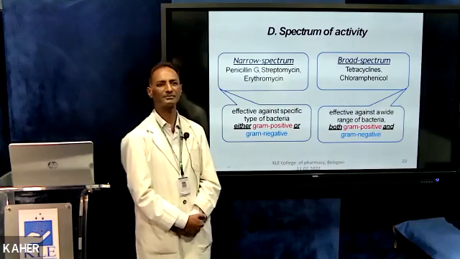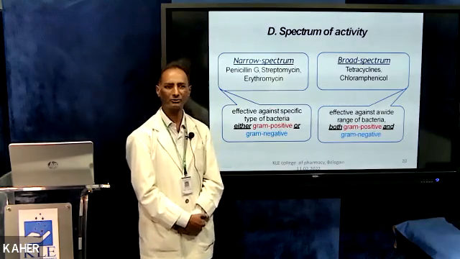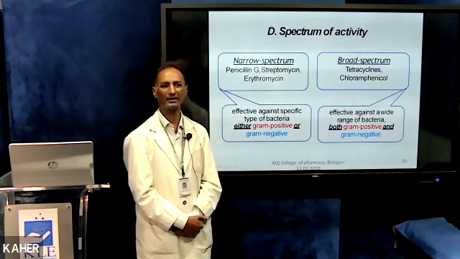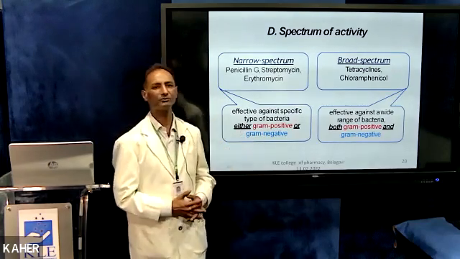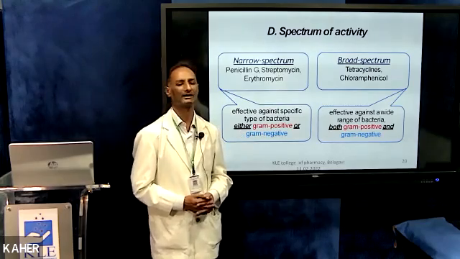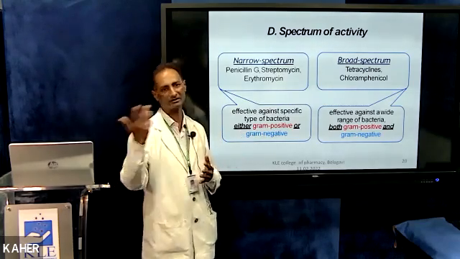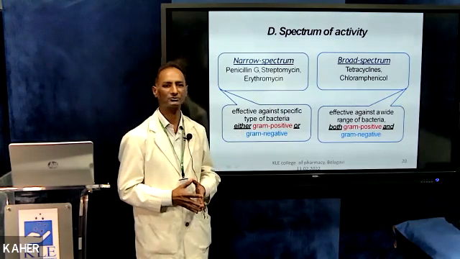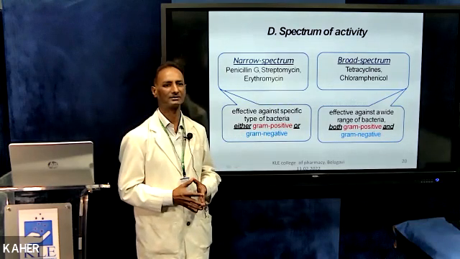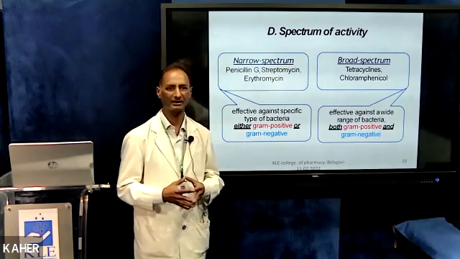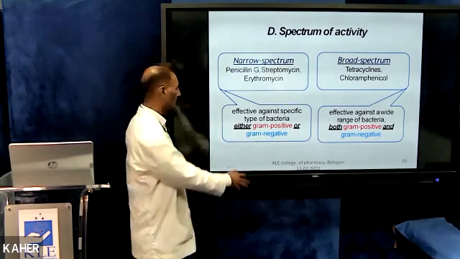In that class are penicillin, streptomycin, and erythromycin. When coming to the broader spectrum, the drugs act on both gram positive and gram negative, along with anaerobes and atypical microbes also. Such antimicrobials we can consider broad spectrum, like tetracycline and chloramphenicol.